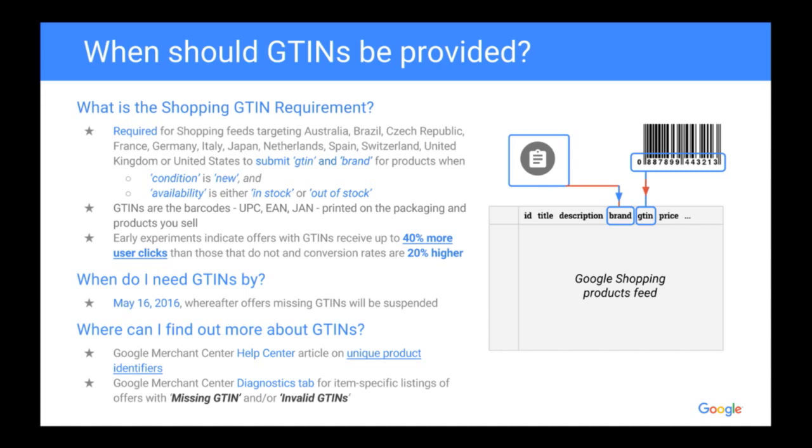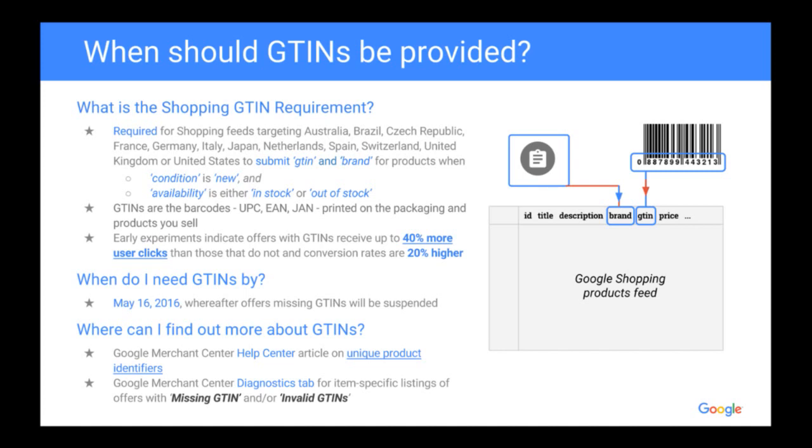So initially, we made up a list of the top 50 brands where GTINs are available, and we'll be changing those rules in mid-May, where any product that is a new product and that is available in your store needs to have these GTINs, because we've heard lots of questions like how do you get them, what do I do in certain cases.